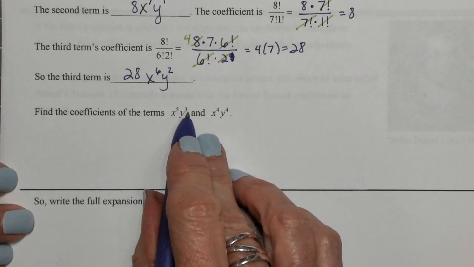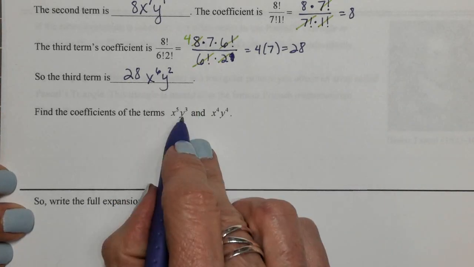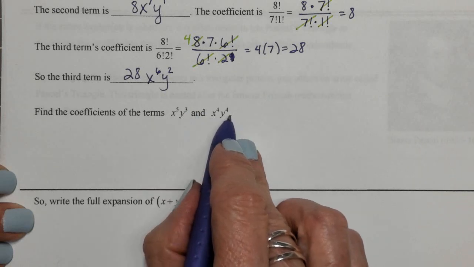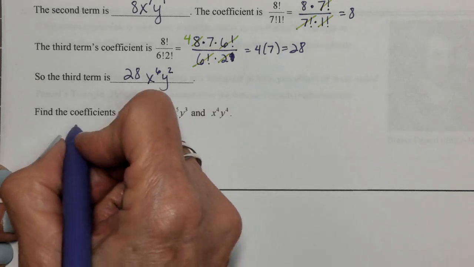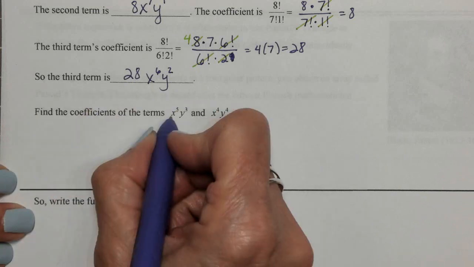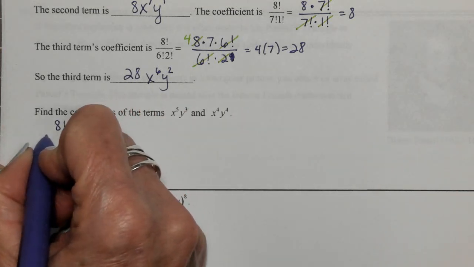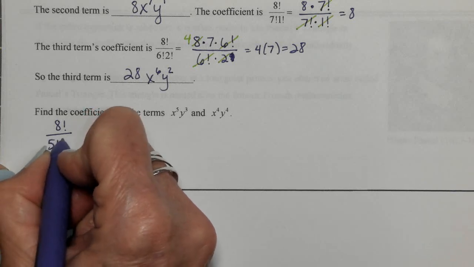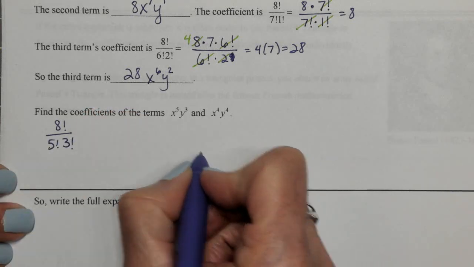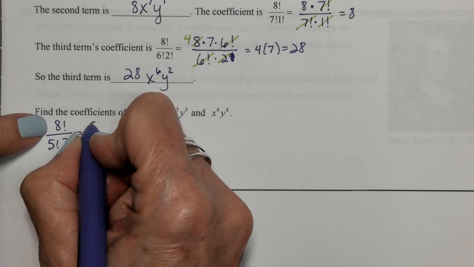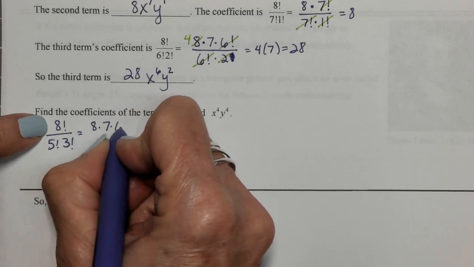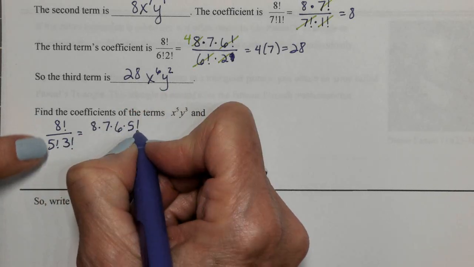x to the 5th times y cubed, that'll be the next one, and then x to the 4th times y to the 4th. So the coefficient of x to the 5th y cubed will be 8 factorial over 5 factorial times 3 factorial. 8 factorial is 8 times 7 times 6 times 5 factorial.